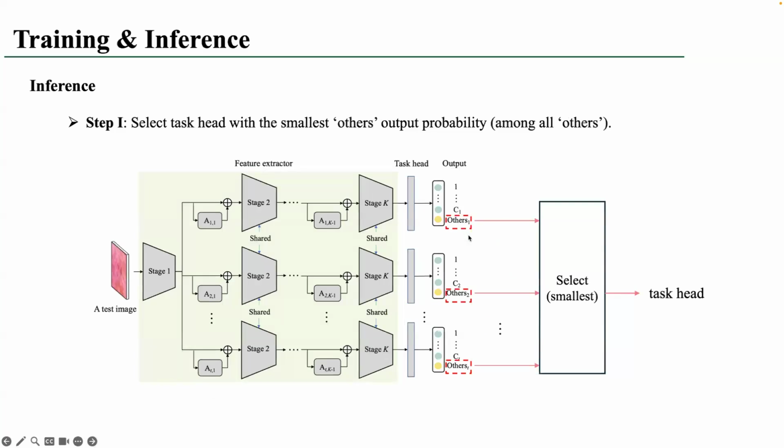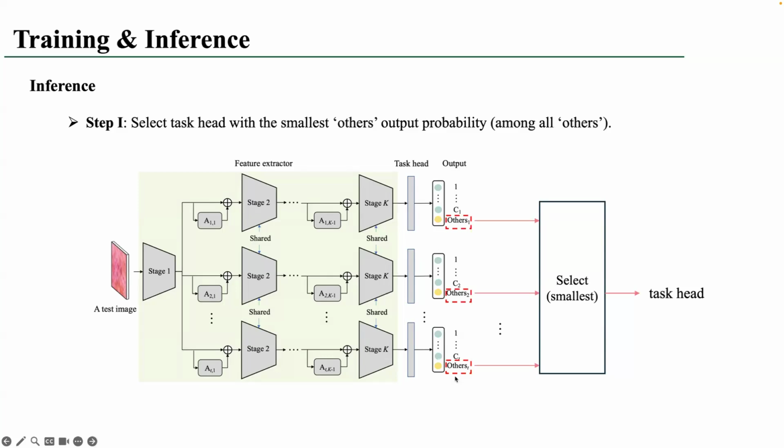After training, in the inference, step 1, task ID selection based on OOD detection. For each test image, we compute the others probability across all tasks.